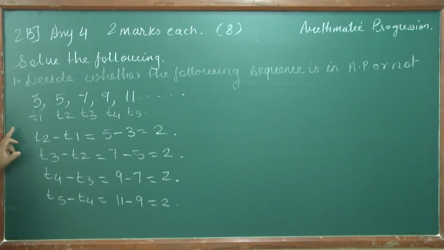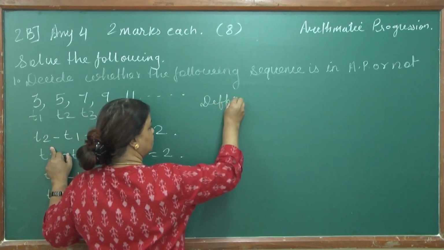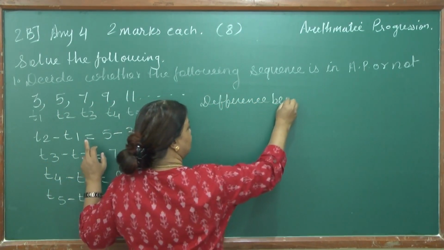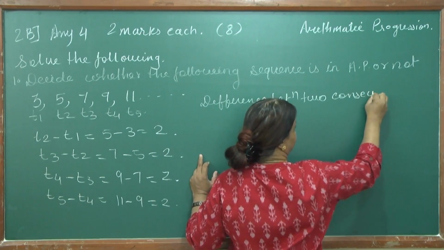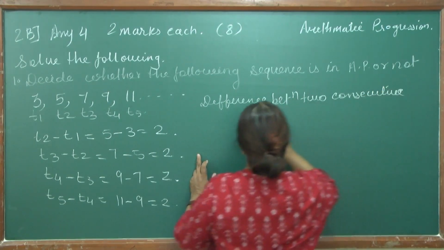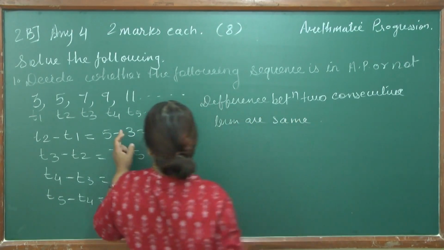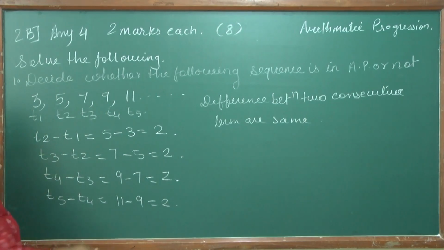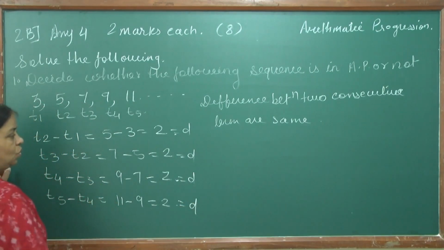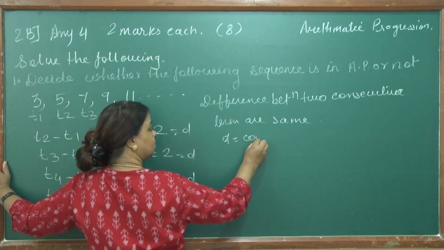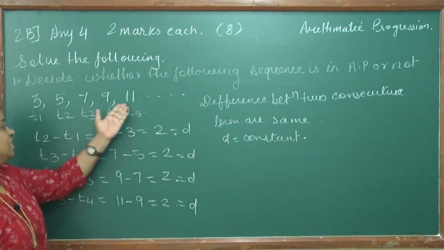So the difference between two consecutive terms is the same. That means T2 minus T1 is nothing but D. Everywhere we got the D value as 2. So D is equal to a constant. If D is constant, then the given sequence is in AP.